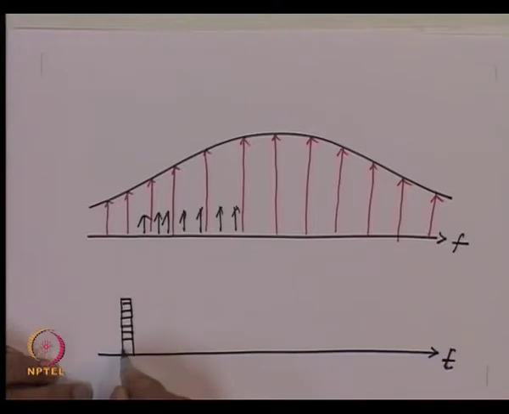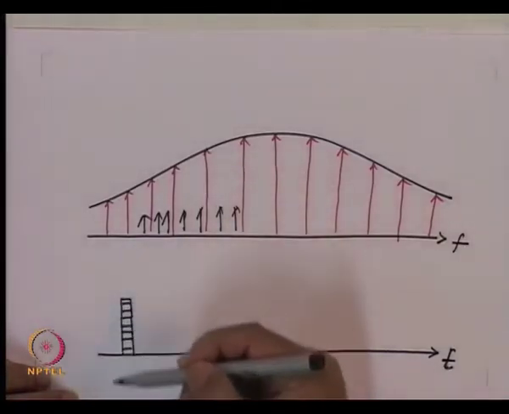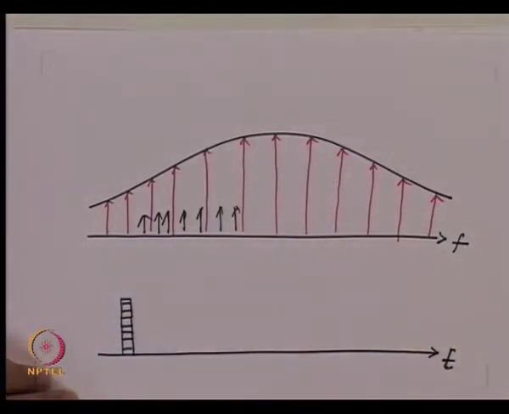So you will have a pulse in time which will have a profile in frequency perpendicular to the plane of the paper. It will be like this. But in time they all will be aligned, so you will see a pulse which is the pulse you want to transmit.